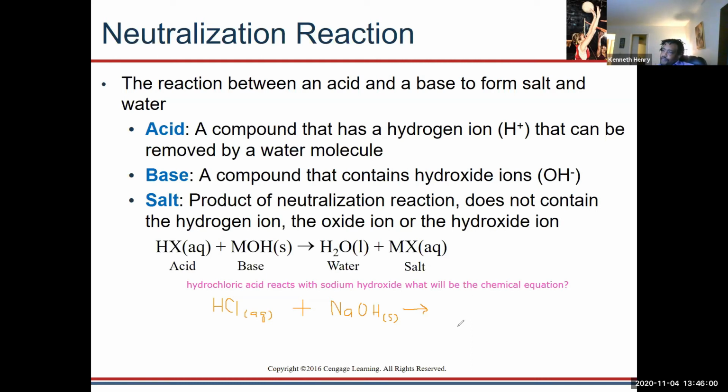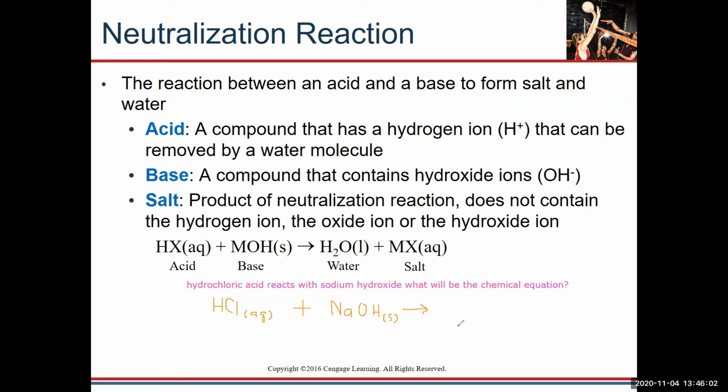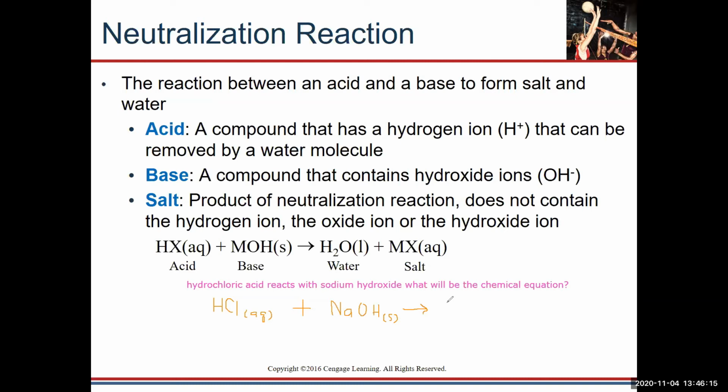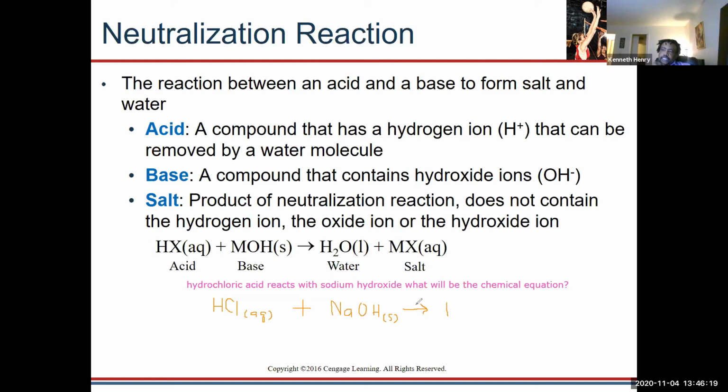I'm still a little confused on how to get them. Would it be HNa? I'm not too sure. Nope, it would not be HNa. Now remember, this hydrogen acts like a plus.